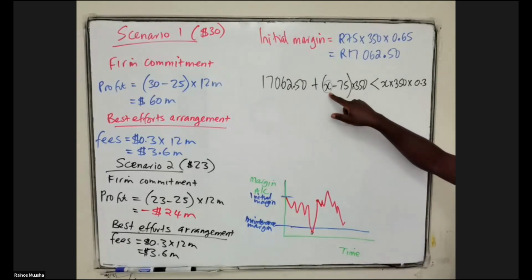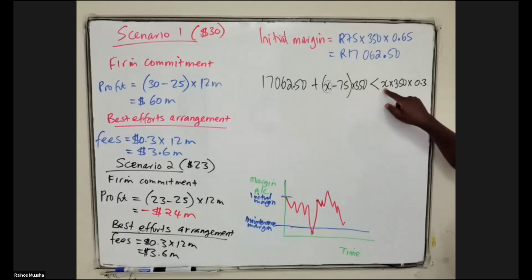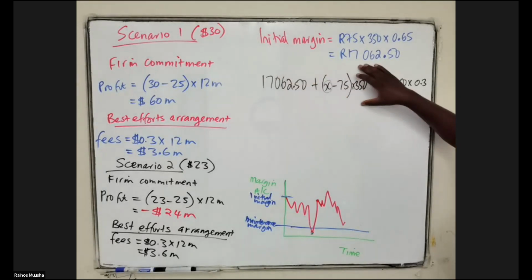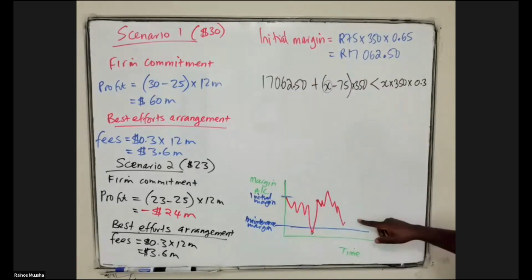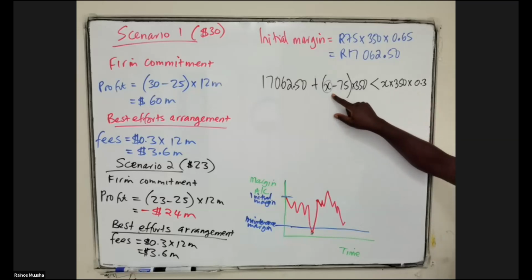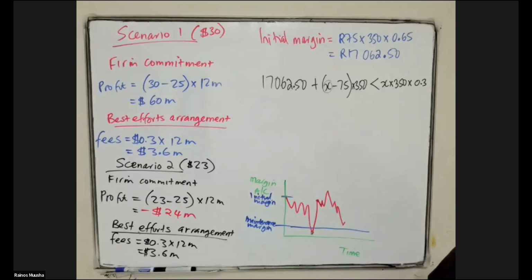So now we need to find out at what price, which is price X, the value of your margin account is going to be less than the value required for the maintenance margin. Based on this information, we can now try to solve for X.